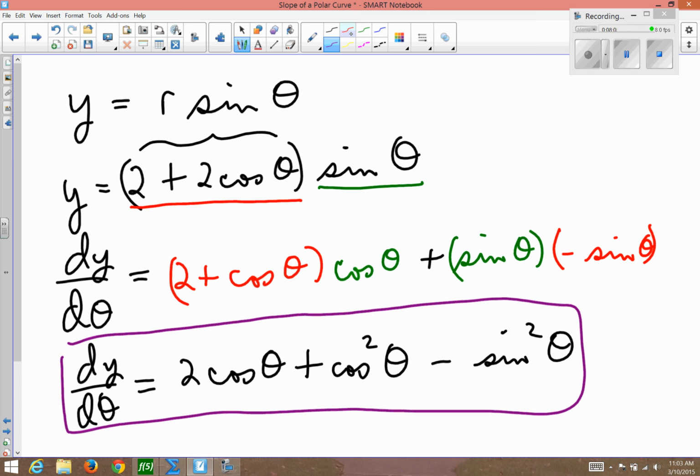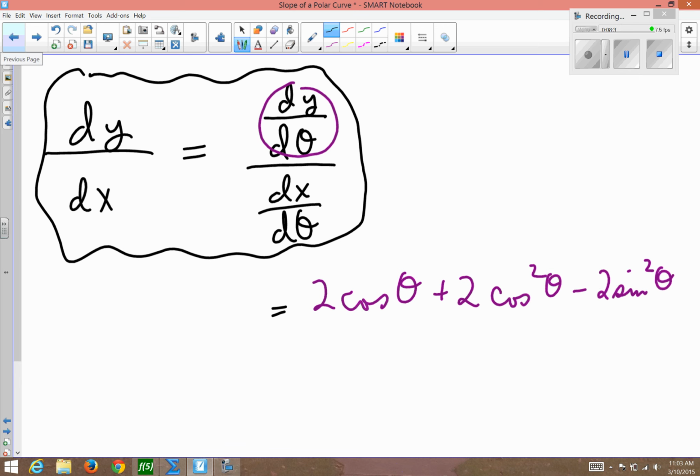Well, there's actually a mistake here because the derivative of the first times the derivative of the second, that's correct. This is the second. The derivative of the first should have a 2 there. The derivative of 2 plus 2 cosine theta is 0 minus 2 sine theta. So that should be there. Oh, I have it there. Okay, so that I think is correct.